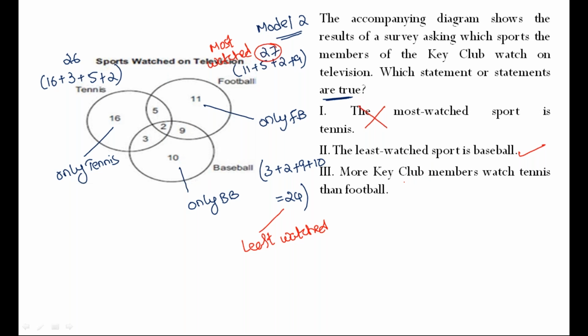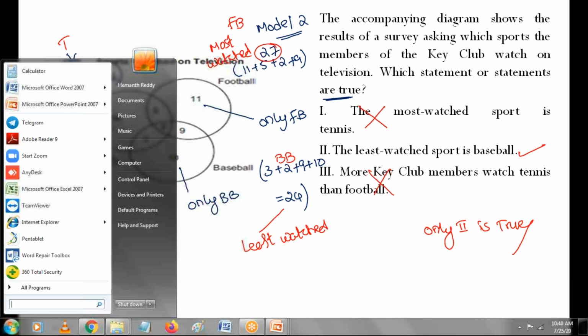More people watch tennis than football? No, tennis is 26, football is 27. People watch football more than tennis. So the third statement is also wrong. Only the second statement is true, my dear friends.